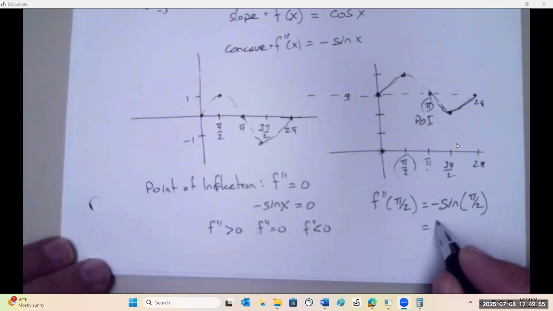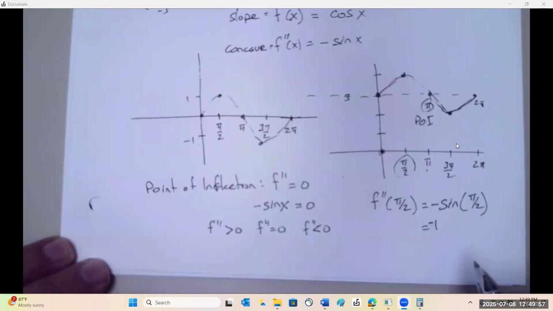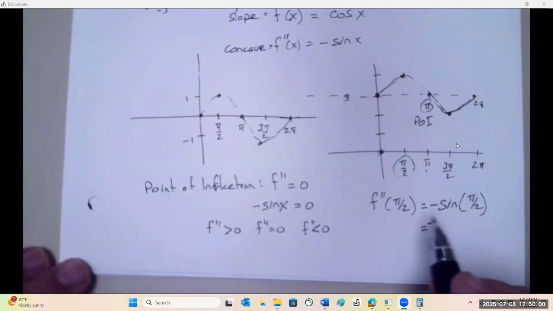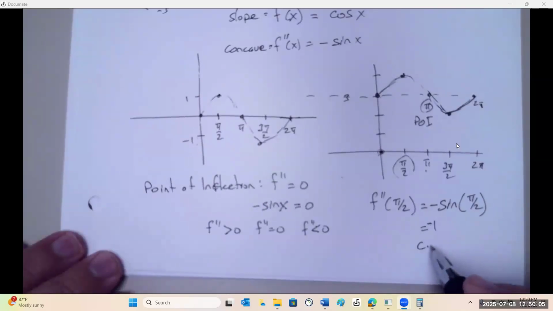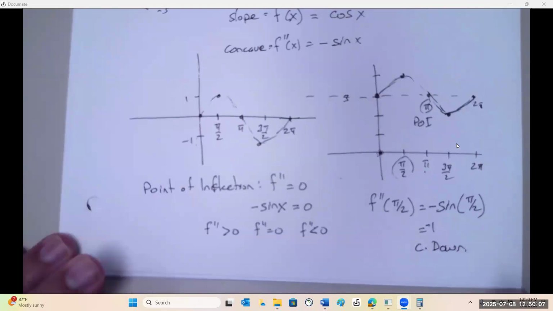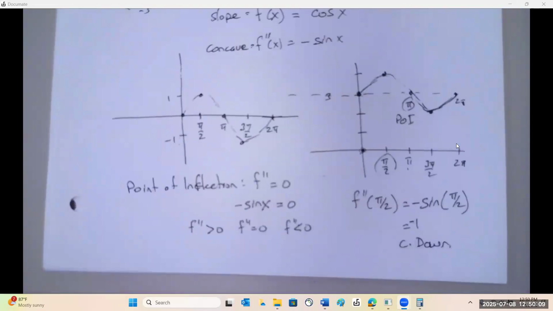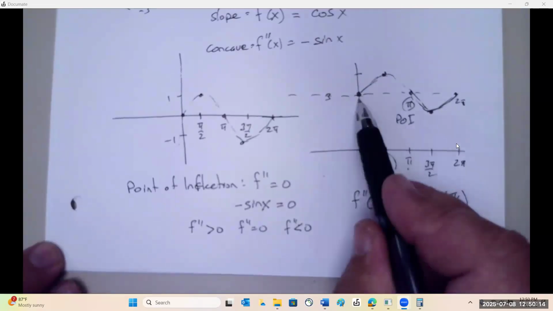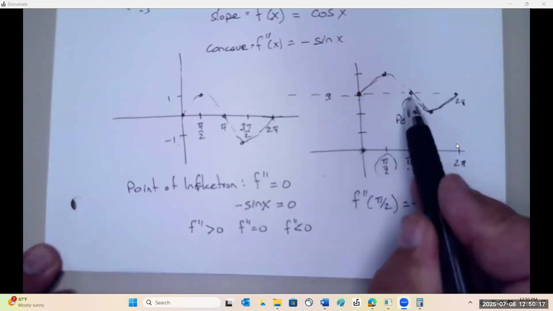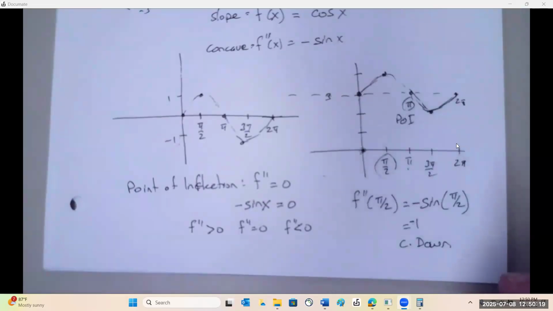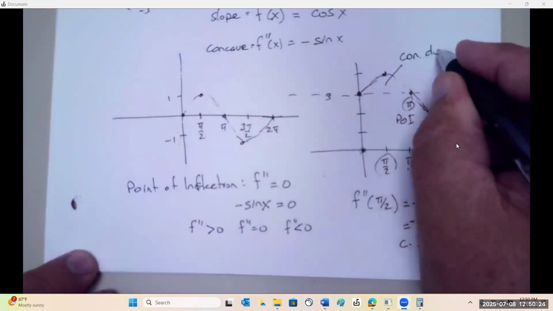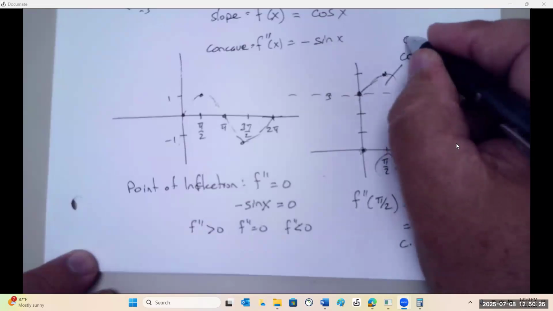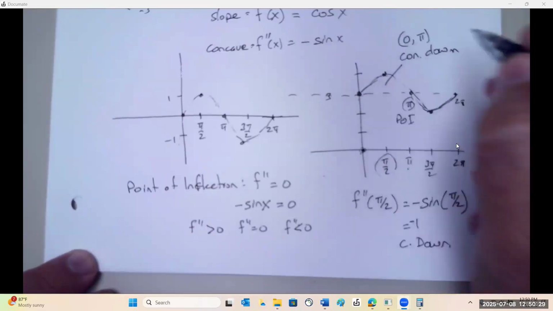Sine of pi over 2 is 1, but the negative in front of it makes a negative 1. So since the second derivative at pi over 2 is negative 1, it's concave down. So we know our function is concave down from 0 to pi.